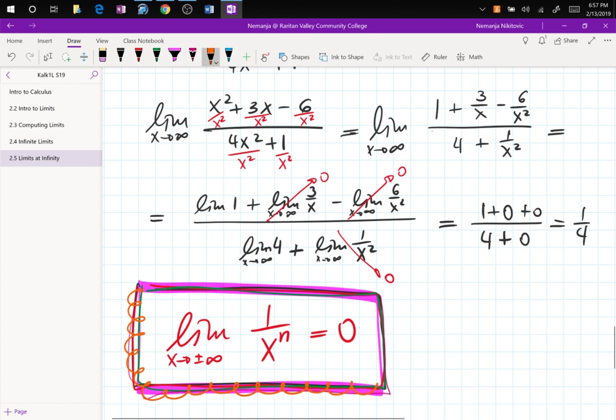The 2 over the top. Good. It's visible. Now, this n can be any exponent bigger than 1.